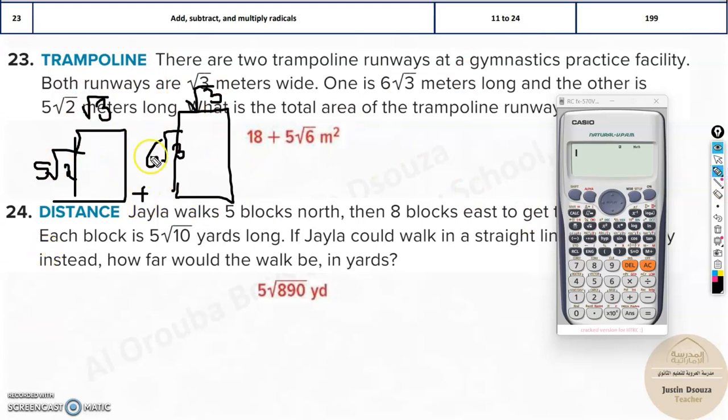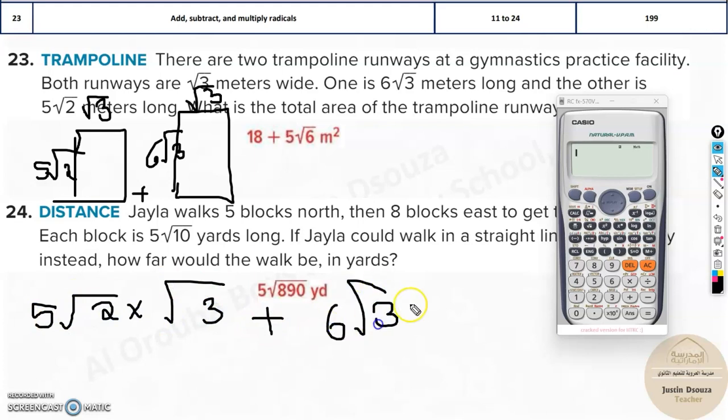So your equation would be, you should draw a simple diagram basically, and then you need to write the area of this is 5 root 2 into root 3 plus 6 root 3 into root 3. I'll just do it directly in the calculator now. 5 root 2 times root 3, plus, sorry, it should be outside, plus 6 root 3 times root 3.